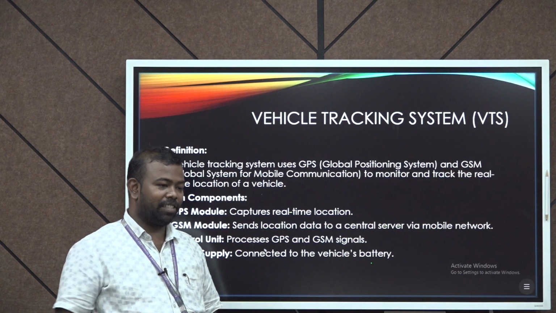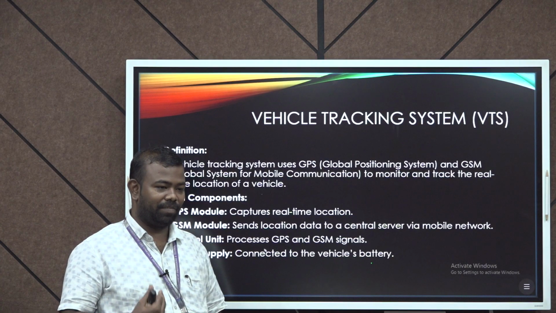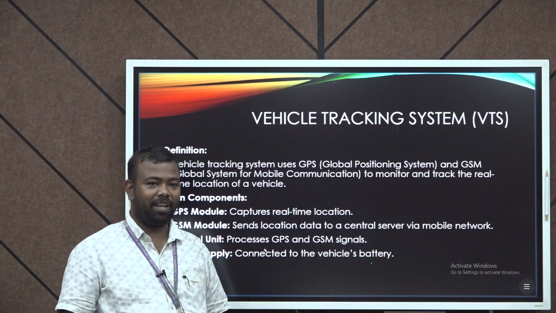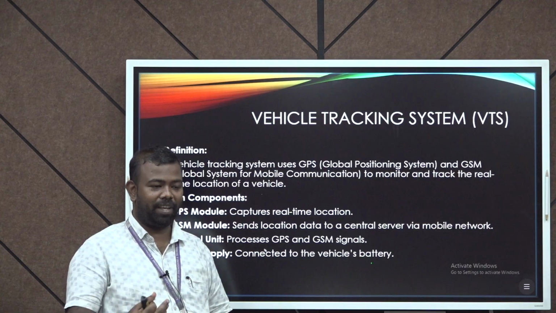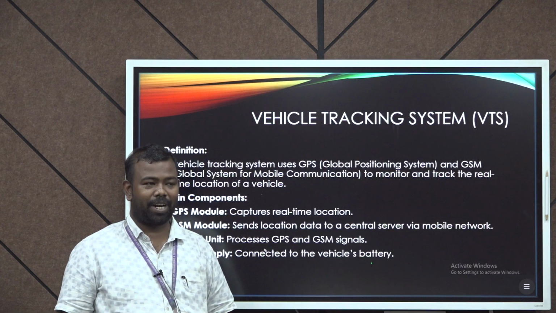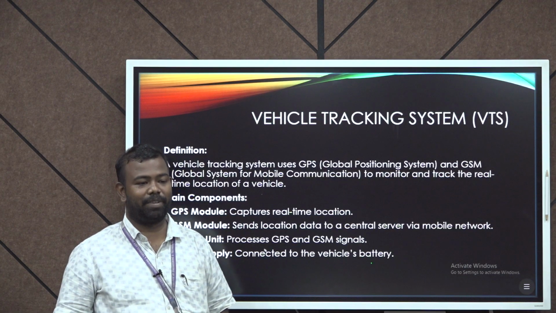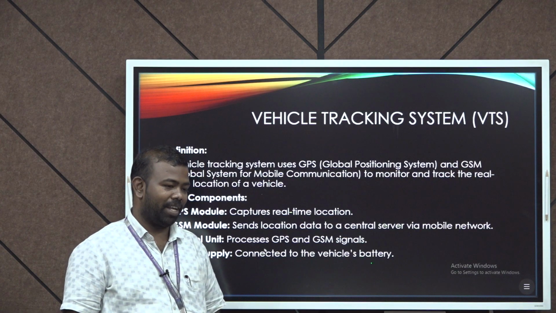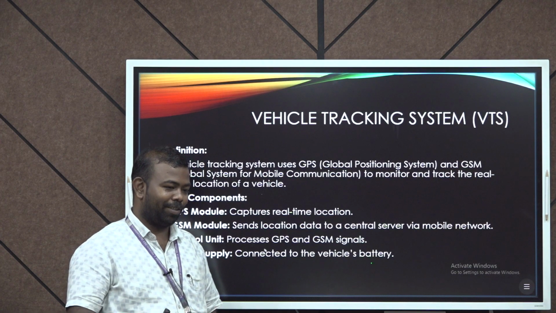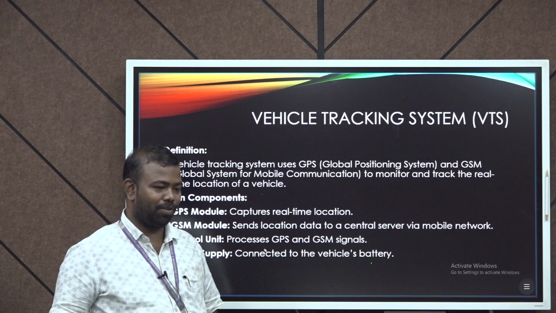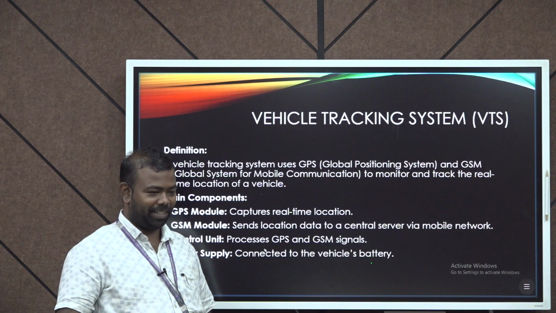Vehicle tracking system. This tracking system is nowadays a very useful system for all kinds of vehicles, not only four-wheelers, even for two-wheelers the vehicle tracking system is very useful. Nowadays even helmets have GPS tracking, right.